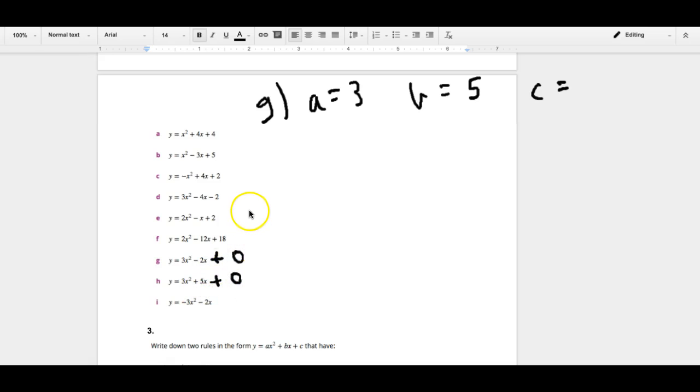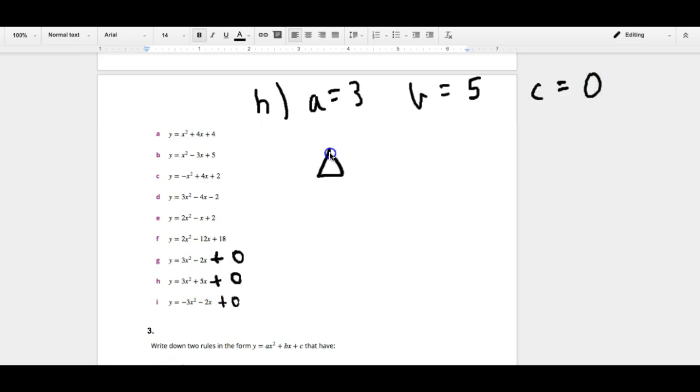I said I was doing G and I'm actually doing H. That's what happens when you talk and you're trying to do things at the same time. So we're actually doing H, and there's a +0 here as well. So we've got 3x squared plus 5x plus 0.